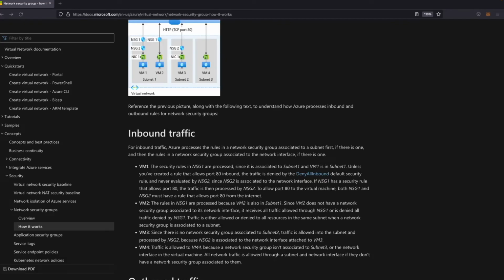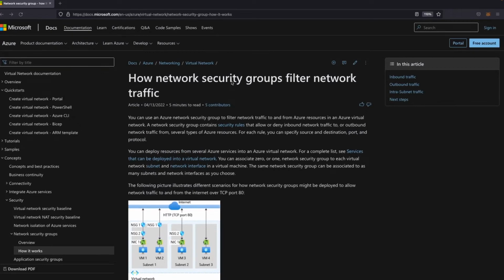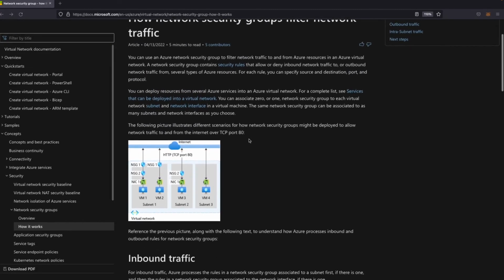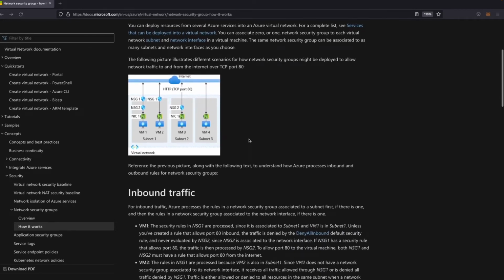Let's check now the documentation, which provides very useful information. You're going to find it under "How network security groups filter network traffic." And it presents a situation very similar to the one that I presented earlier. They present 3 subnets. The first subnet has 2 NSGs, 1 and 2. The first one is associated at the subnet level.